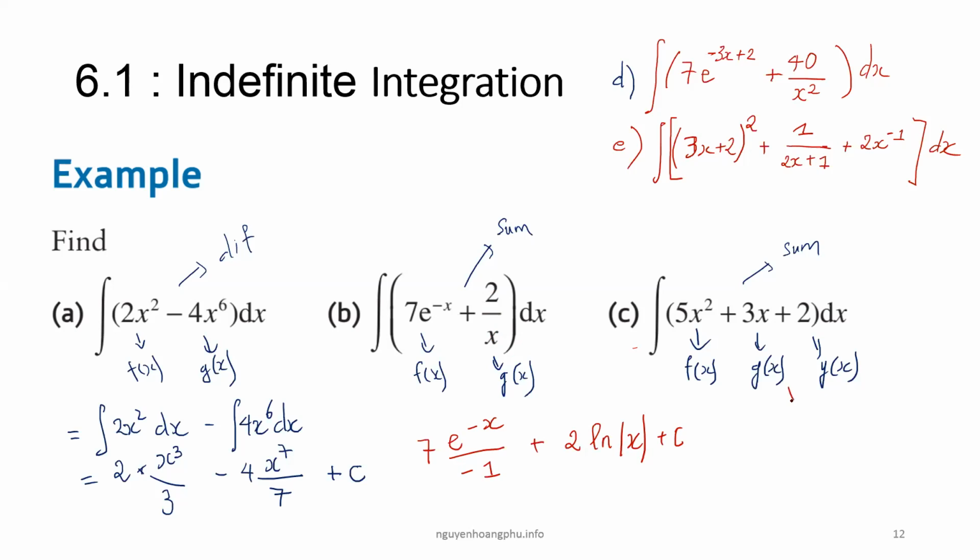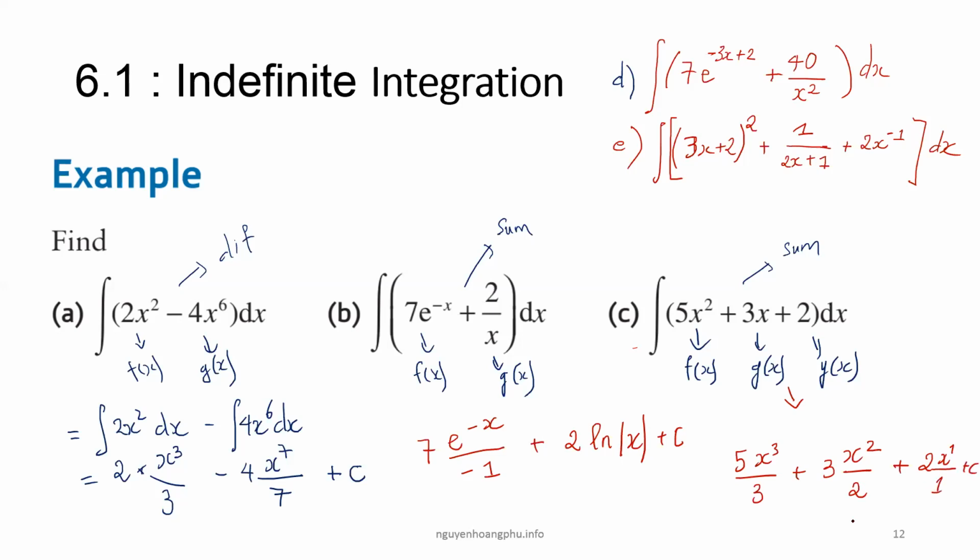So in this case we will have 5x to the power 3 divided by 3, plus 3x to the power 2 divided by 2, right? Plus 2x to the power 1 divided by 1, right?